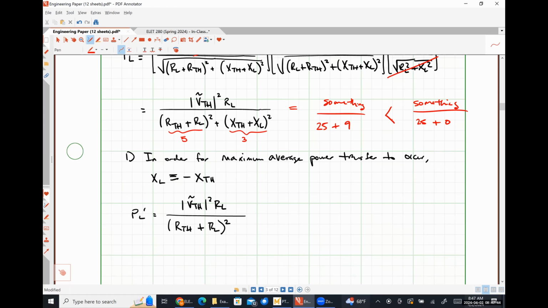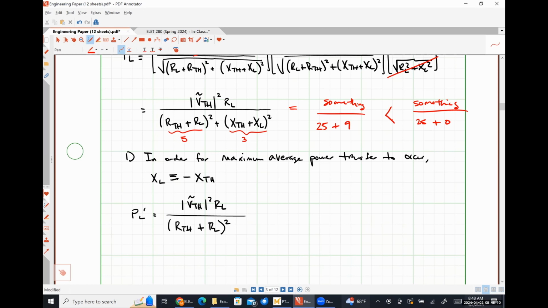So we have this expression where we're trying to figure out what value of RL gives us maximum average power transfer: voltage squared times RL over RTH plus RL quantity squared. Anybody have any thoughts on how we might maximize this thing, Brock?